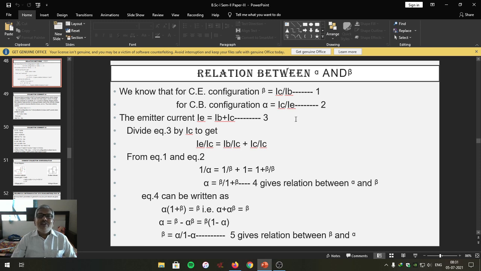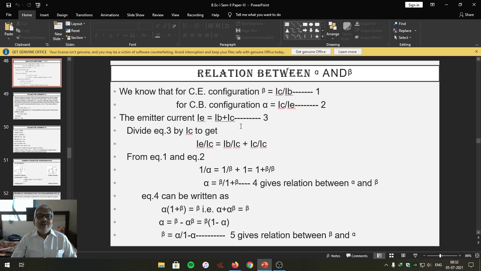We have already studied in previous lectures that emitter current is the sum of base current and collector current. This is because from the emitter, a number of charge carriers are emitted. Emitted charge carriers will enter into the base region.